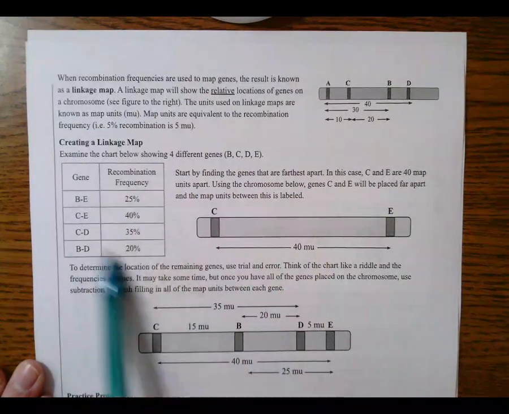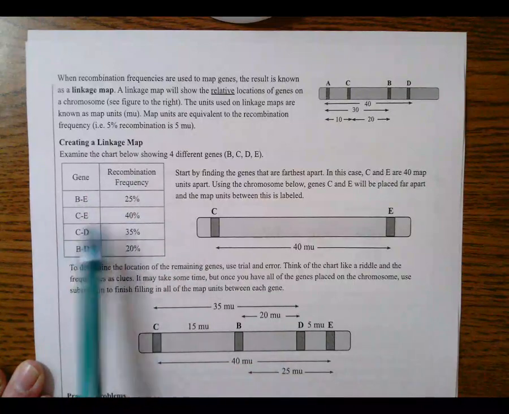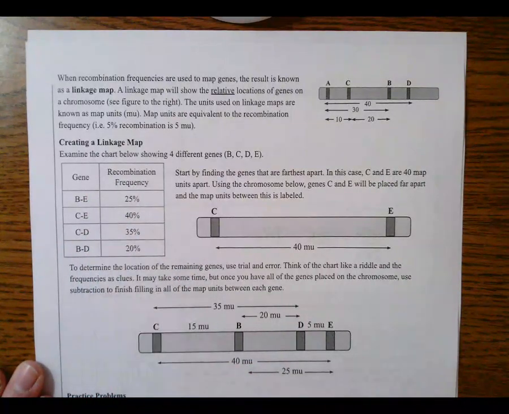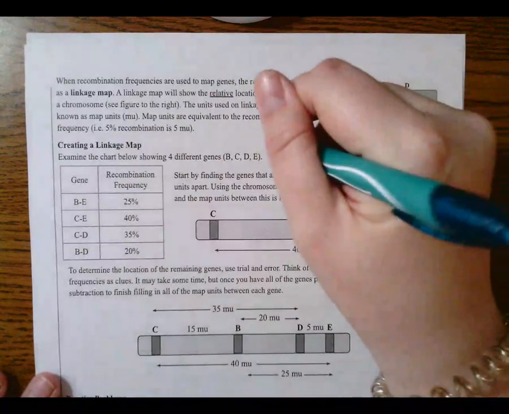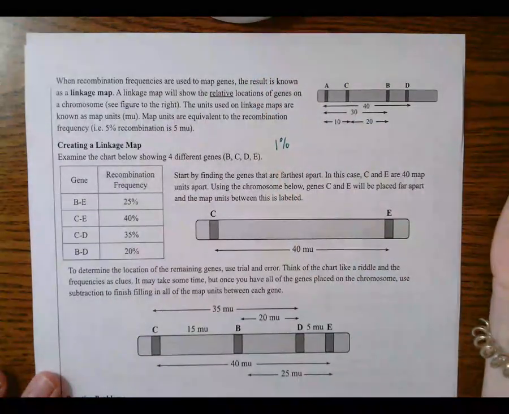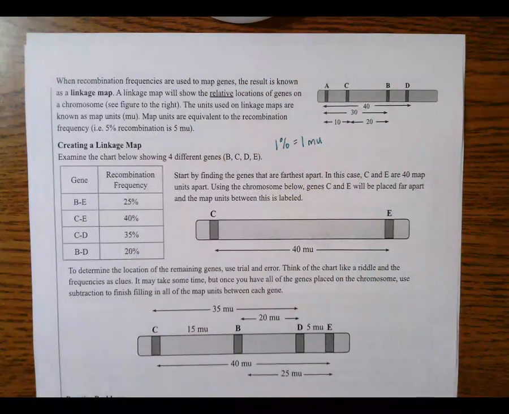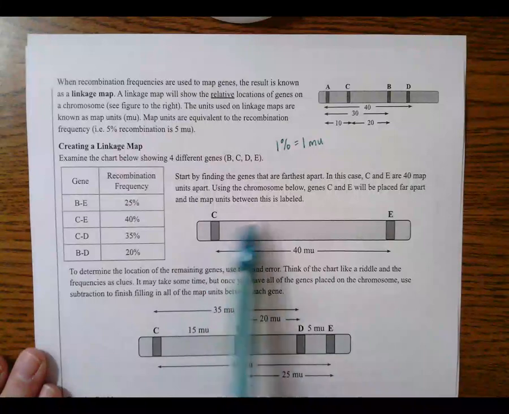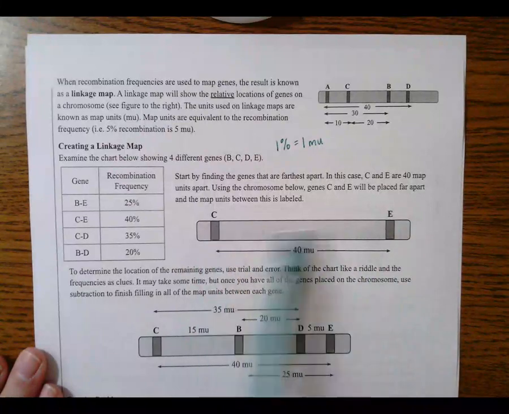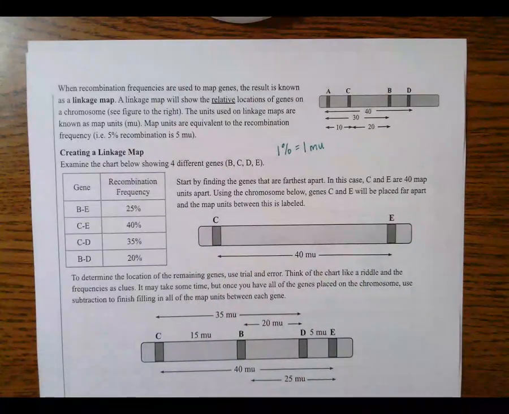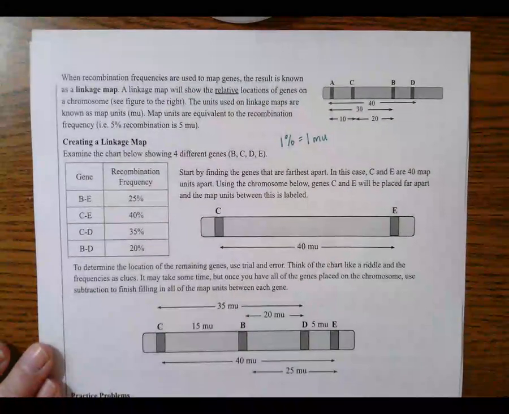In this case, using this data right here, C and E are 40%, which means 40 map units. So 1% recombination frequency is equal to 1 map unit. Okay. So what's going to happen here is what they did was on this gene, they went ahead and put these about 40% apart, or 40 map units apart. And that was that one.